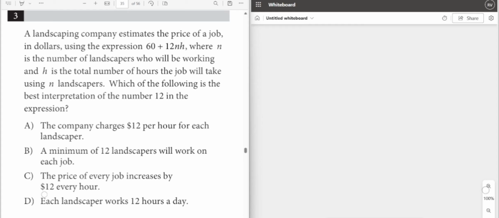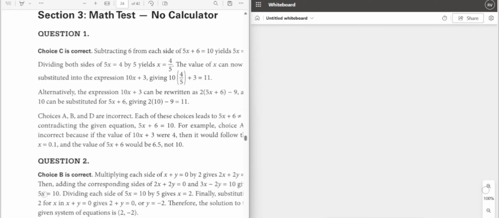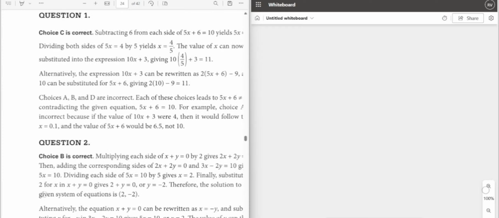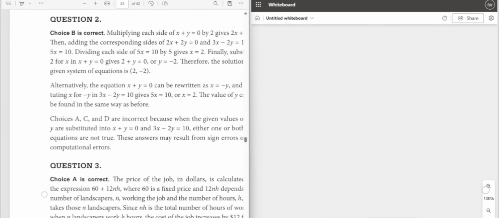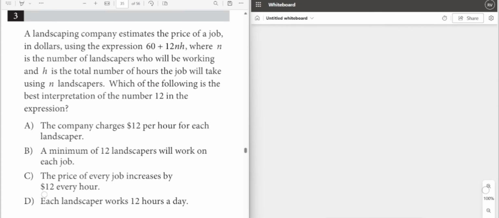Don't overcomplicate it. We're just gonna go really quickly, because if you overcomplicate it, it's not going to work out. Just look at the explanation, what the SAT says. So question 3, yes, A is correct in this case.